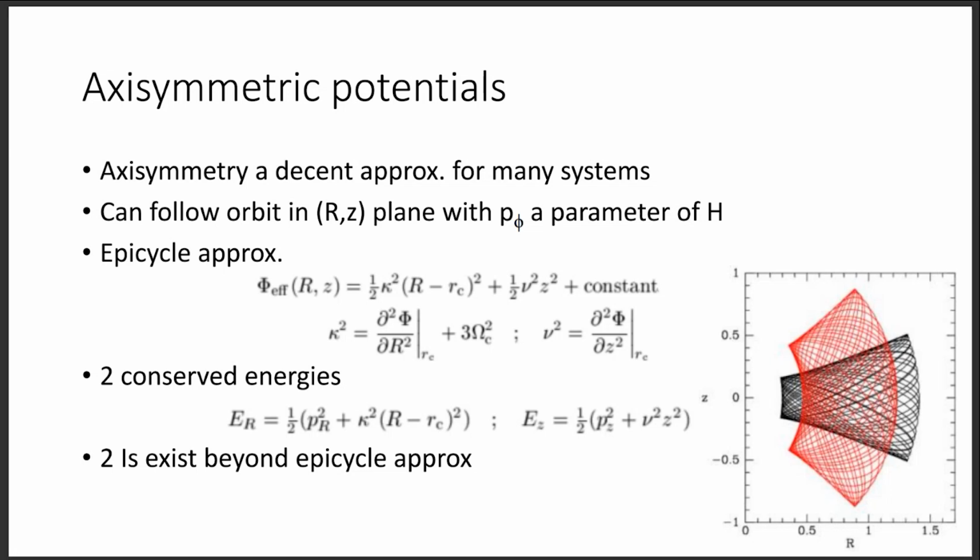And what I'm showing here are 2 orbits, one in red, one in black, which have the same values of the energy and the angular momentum around the symmetry axis. So these 2 orbits have the same classical constants of the motion coming from Noether's theorem, but they're clearly different orbits.